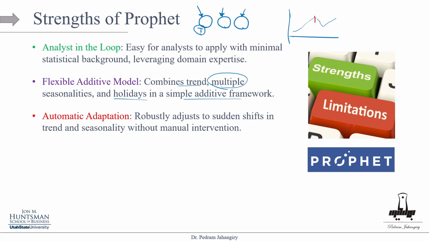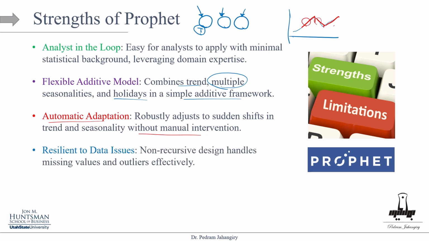So maybe in this one, we need 2, right? So there's 1, 2, 3. So it's going to break it down into these piecewise linear components, right? So that's the automatic adaptation part of the Facebook Prophet model. So it's going to be robust and capture those sudden shifts in trends and seasonality without manual intervention.